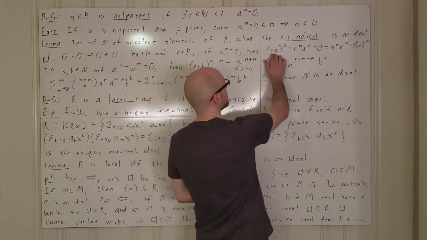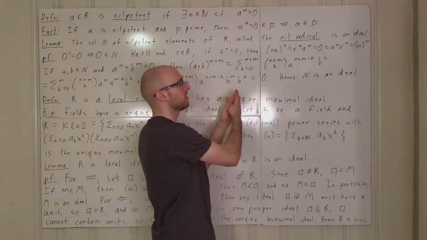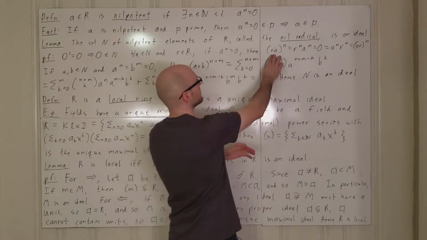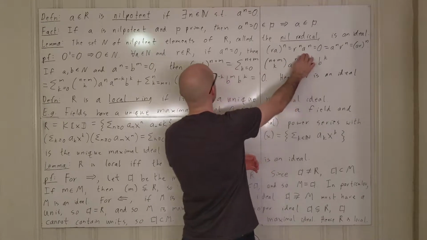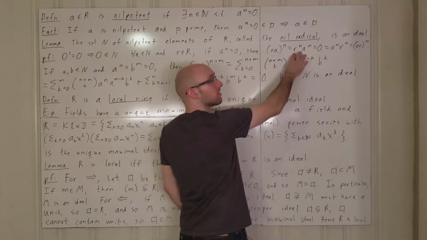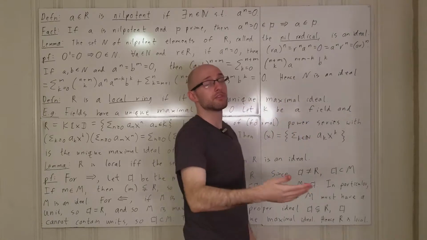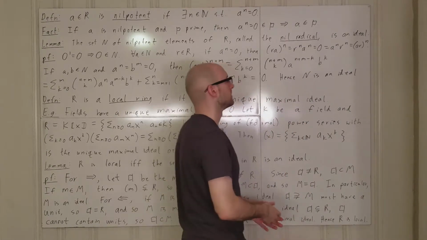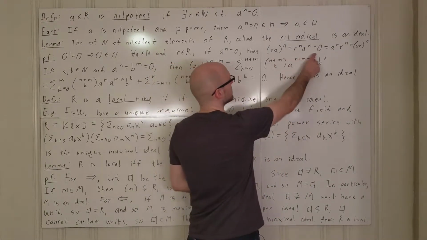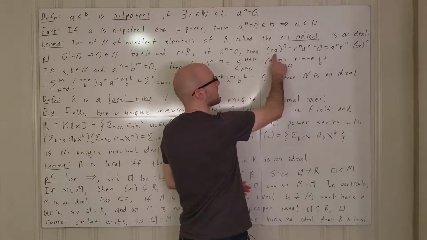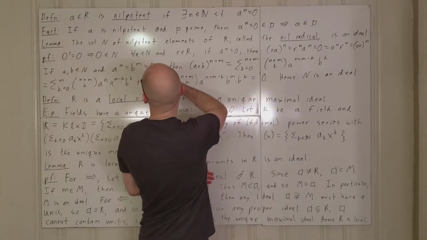Because what we can do then is move all the r's next to each other and all the a's next to each other. And so this is just r to the n times a to the n. But a to the n is 0, so this is just r to the n times 0, which is going to be 0 regardless of what r is. So therefore, this confirms that ra is in N.